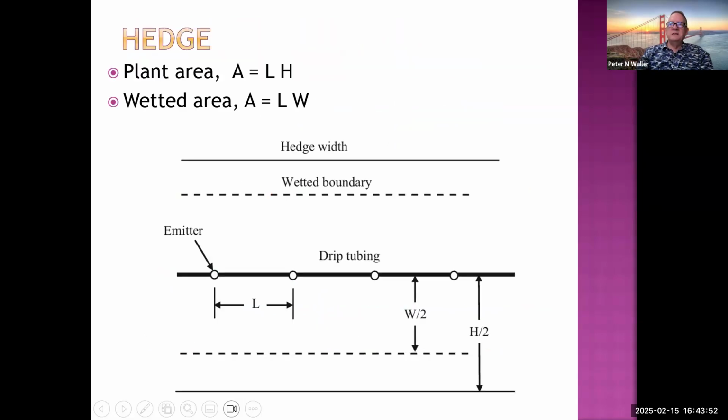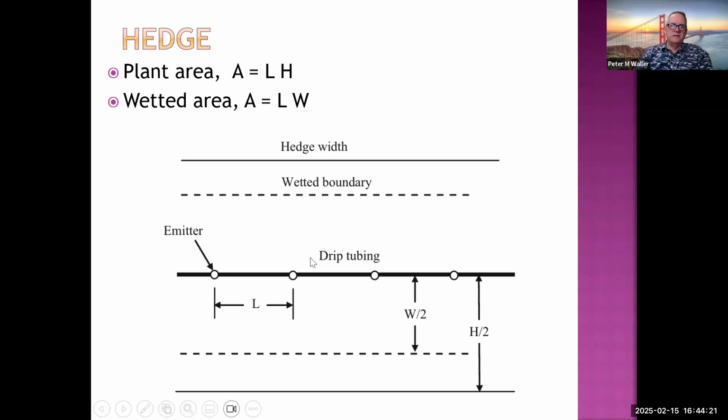So in the case of a hedge with inline emitters, you can calculate the area for the evapotranspiration as the product of the distance between emitters and the wetted width W. So instead of just calculating a water use requirement for the whole hedge, you can just divide it into the zone of each emitter.